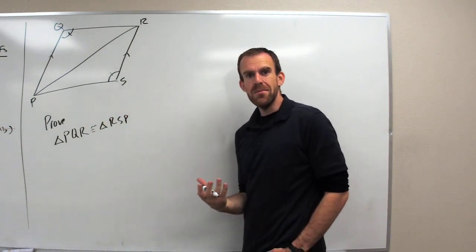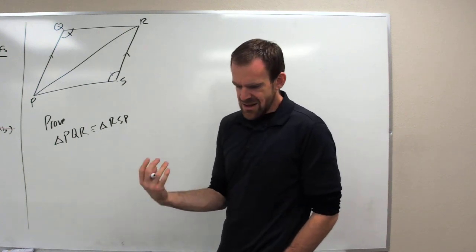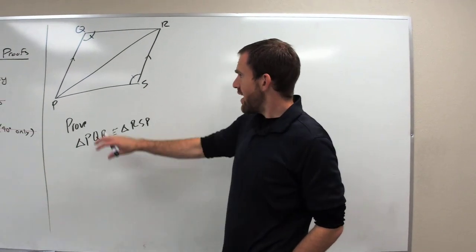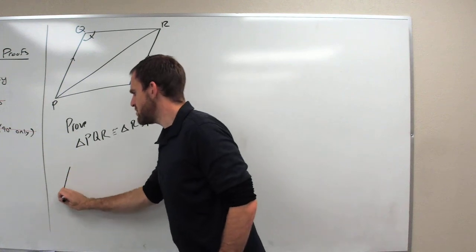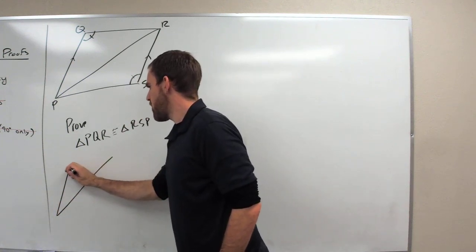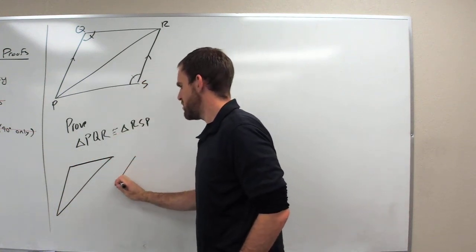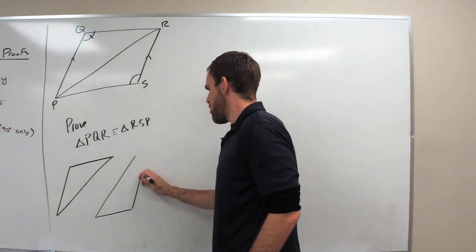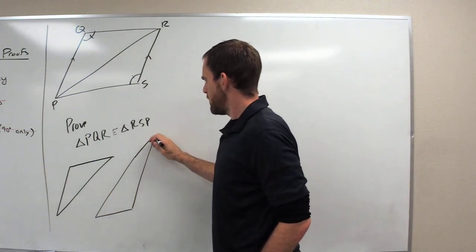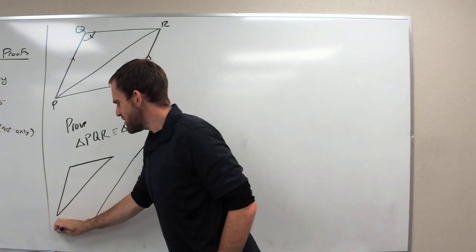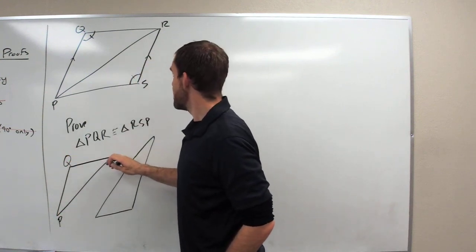So my first step, again, just like always, is going to be to draw out the two triangles. So I'm going to draw this one. I'm going to draw this one. And write all the letters, because that's going to become really important later.